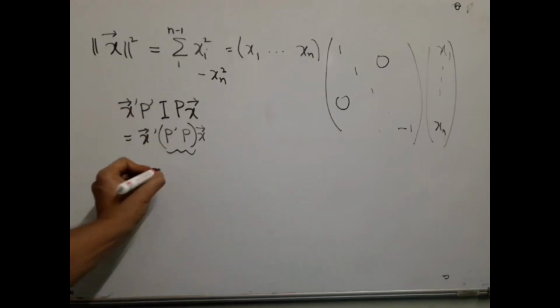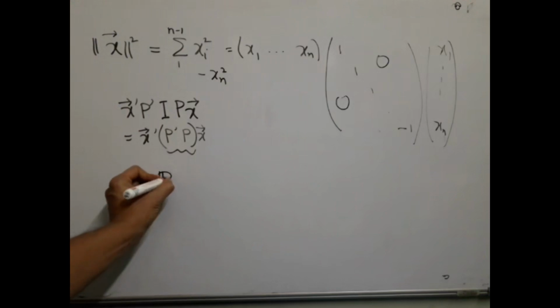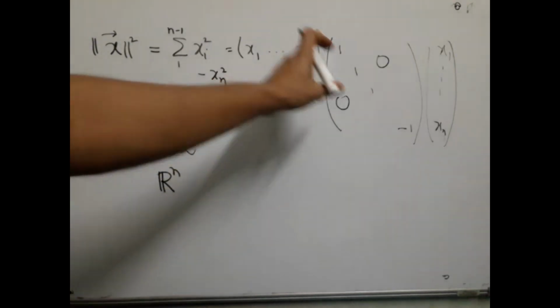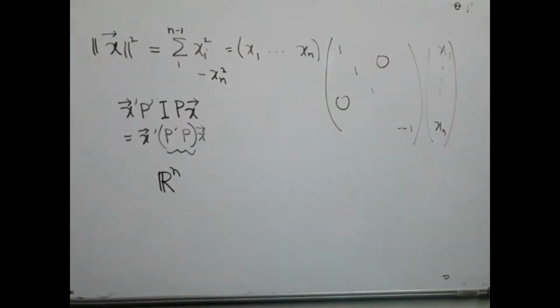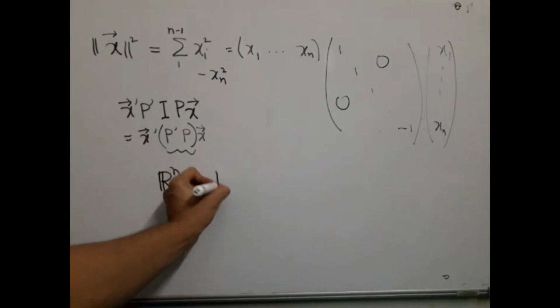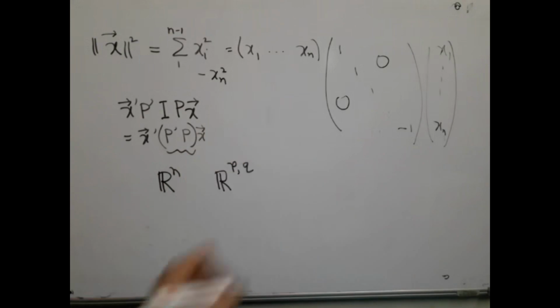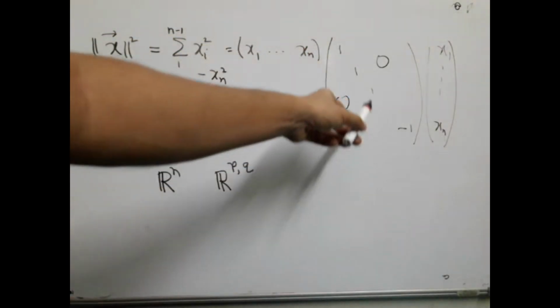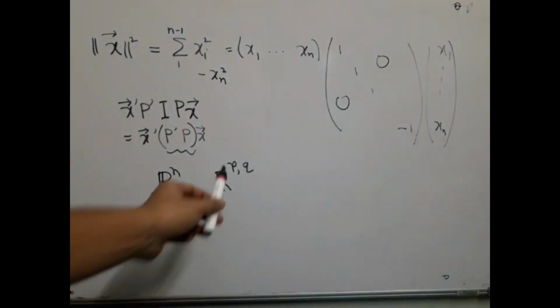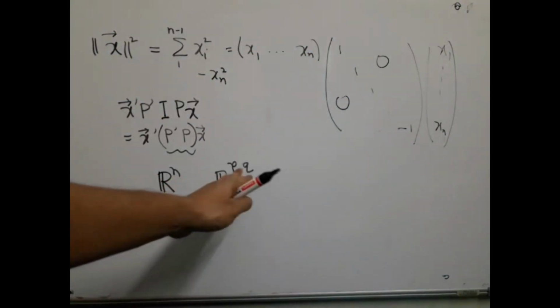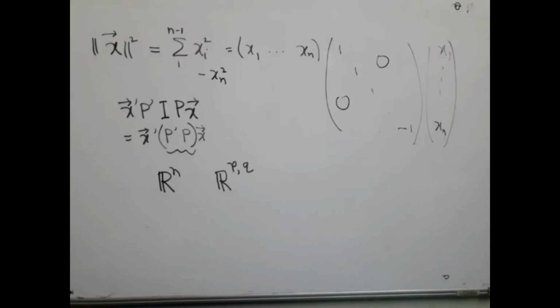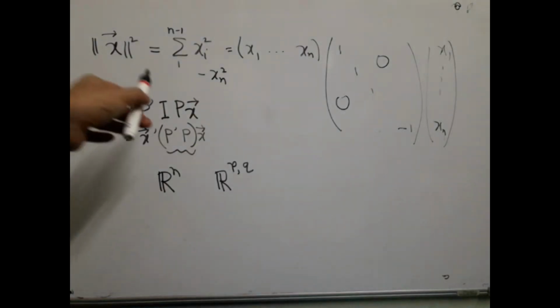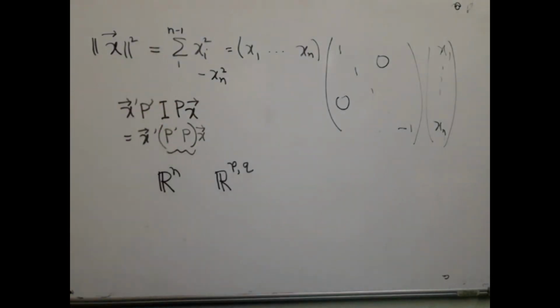In fact, we have already seen this notation, Rn, and when you do this, you are also allowing a minus 1. You typically call it Rpq, which basically means that there are p 1s and q minus 1s. We are not specifying the position because the positions of the positive and the negative entries might change depending on what basis you are choosing.